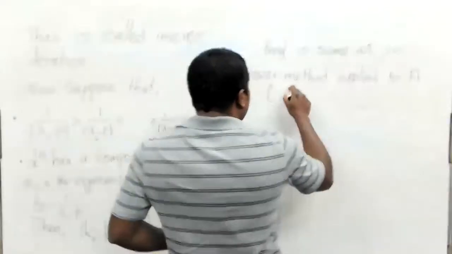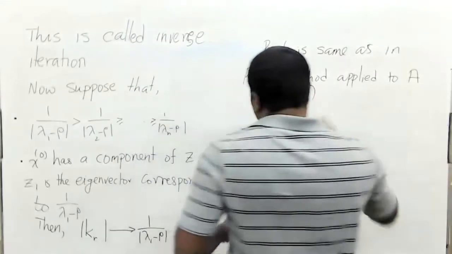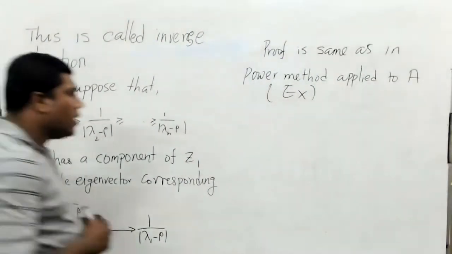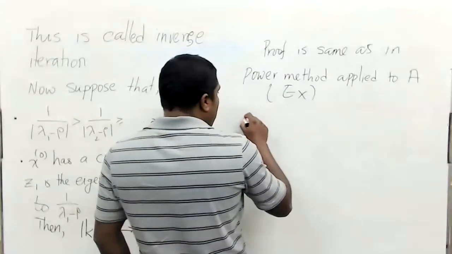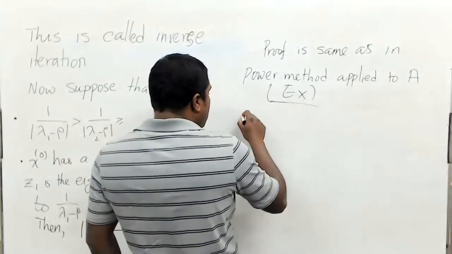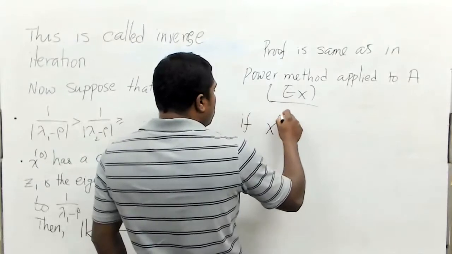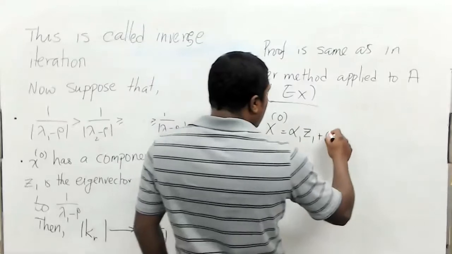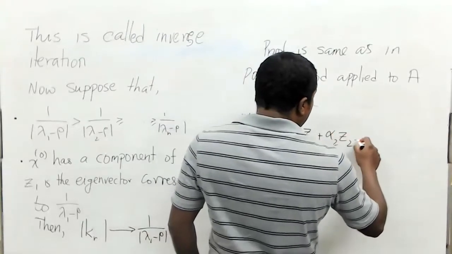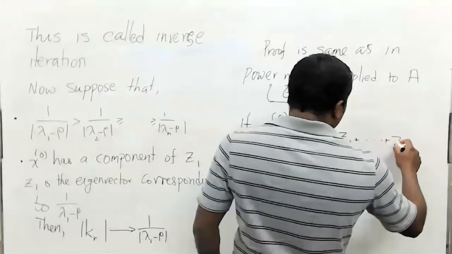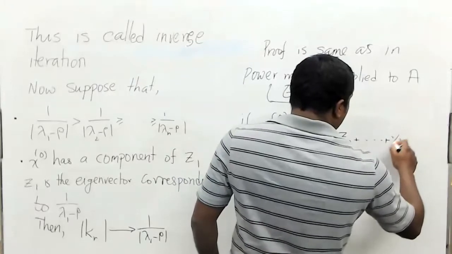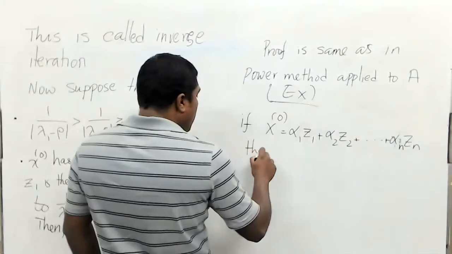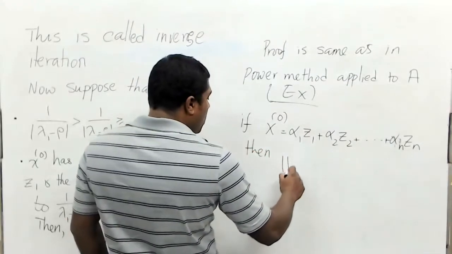So let me write that down as a theorem here. Exercise: if you choose x naught to be alpha 1 z1 plus alpha 2 z2 plus so on up to alpha n zn, then you will have two things.